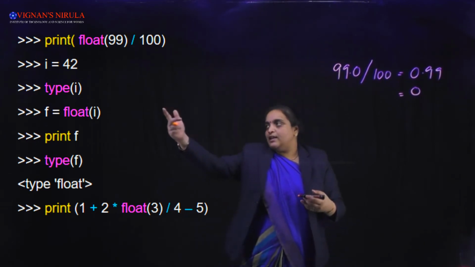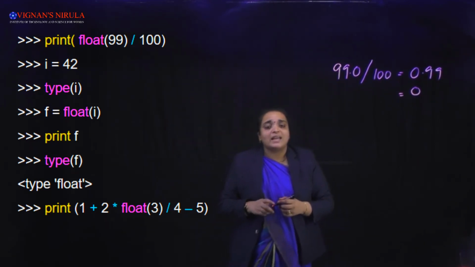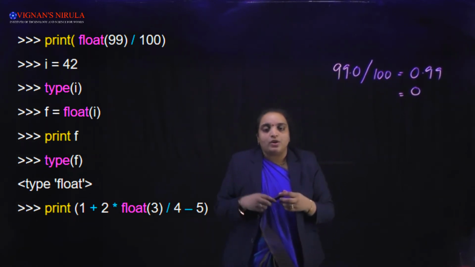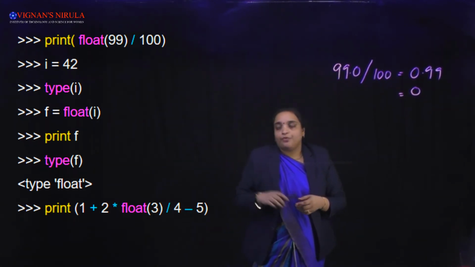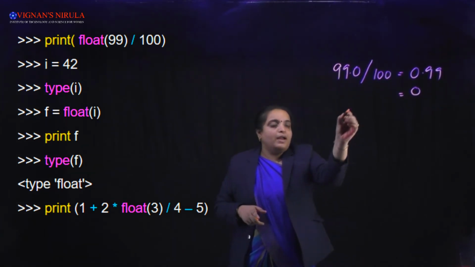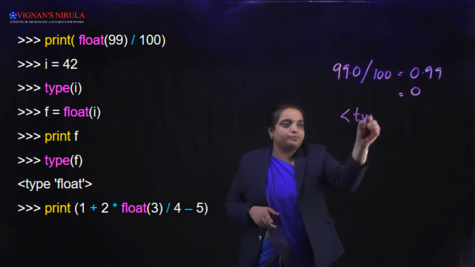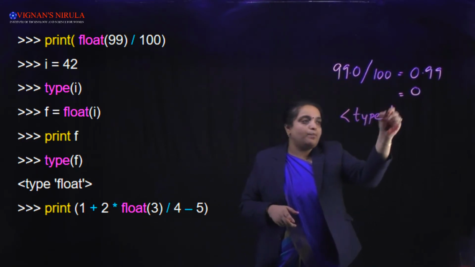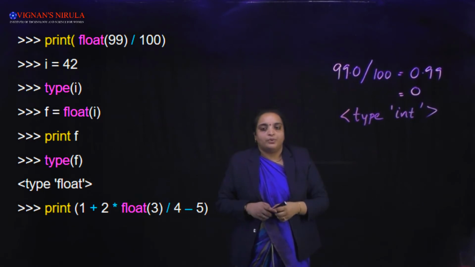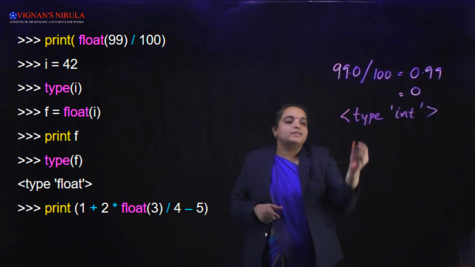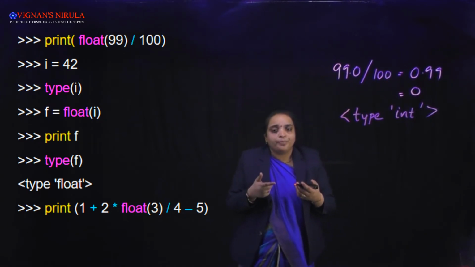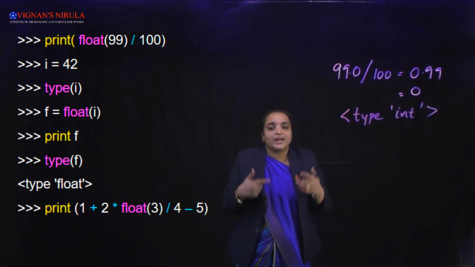Here, let us take the value I is equal to 42. Means 42 is an integer value which is assigned to I. If you print the type of I, what will be printed? Yes, it is of type int. It is an integer type of value. If you assign some f to that integer value, now it becomes a float value. 42 becomes a float value.